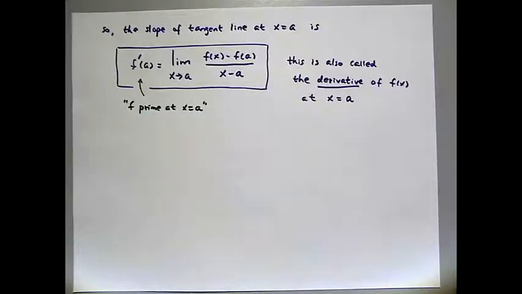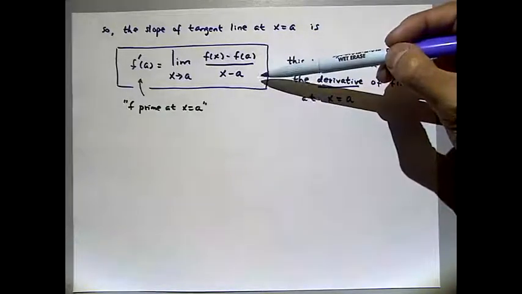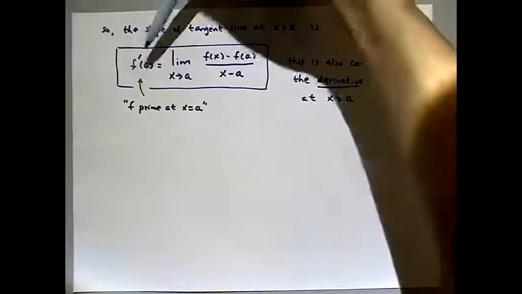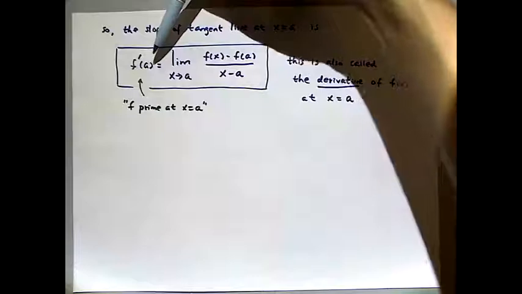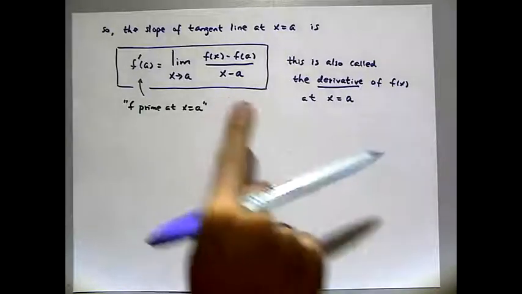Now this looks very strange upon first glance. All you need to keep in mind is this is the slope of a secant line. We're taking the limit, bringing the second point close to the point at which we want to find the tangent line slope of. That's all there is to it. Keep the picture in mind as opposed to memorizing the formula. This is one way to describe that thing.